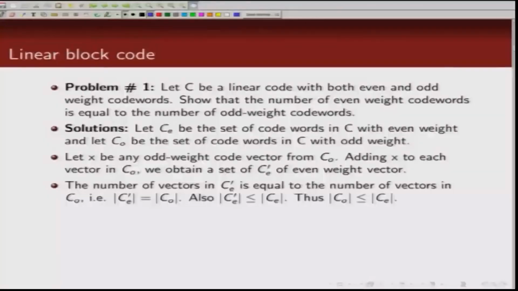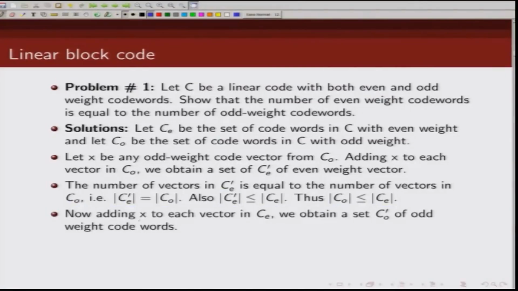Because we got C E prime by adding an odd vector X to the set C O. Hence, the number of elements in C E prime is the same as the number of elements in C O. And since C E prime is a subset of the set of even vectors C E, we can write that the number of odd code words is less than or equal to the number of even code words.